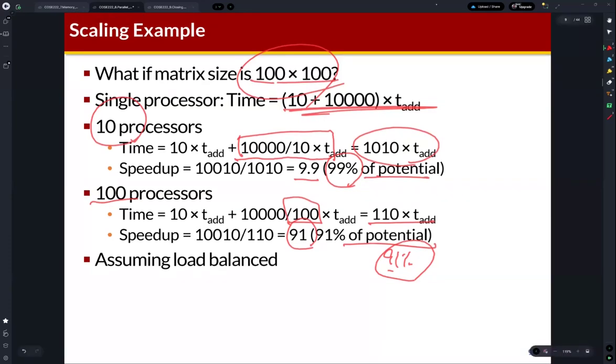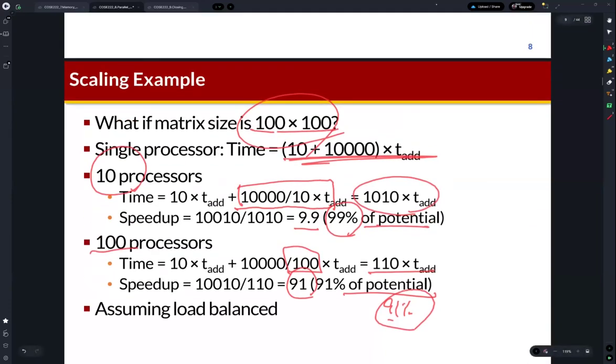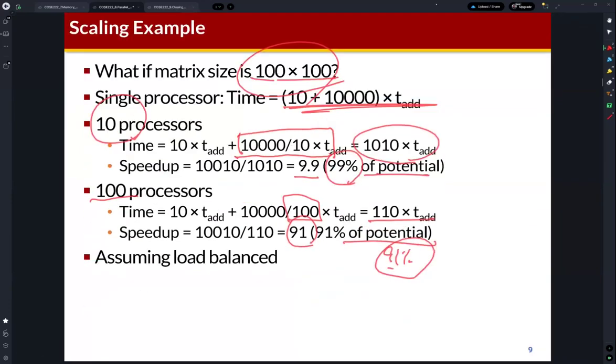Then what can we observe? So we can observe that by Amdahl's law, if we increase the fraction of the parallelizable part, then we can benefit from the multi-core architecture more.